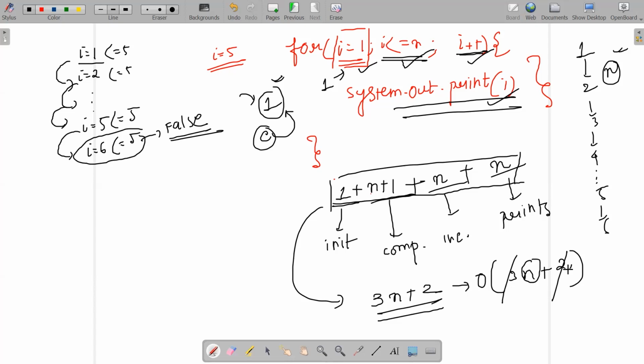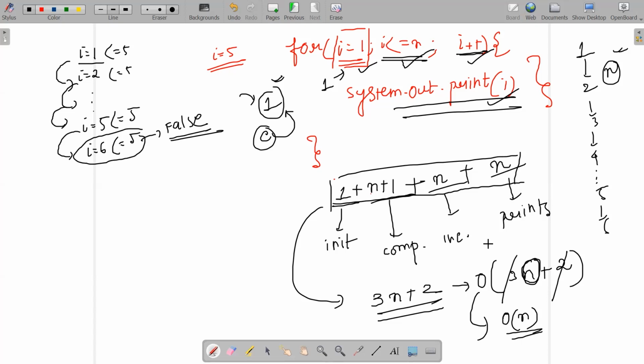These are fixed. Only the change in n can affect the overall operations, correct? So don't keep the constants inside your Big-O notation. Whatever variable is affecting your program should be there. So overall, what's my complexity? Big-O of n, of the order of n.